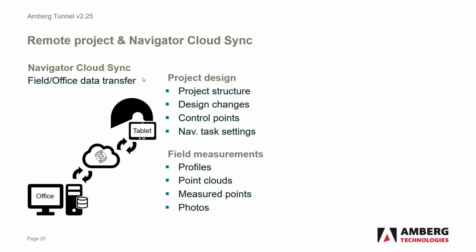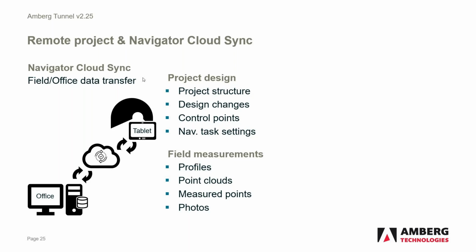And then, of course, at the same time, any field data, field measurements are synchronized back to Amberg Tunnel and get imported into the correct structure, into the correct sites, tubes, shafts, headings, and so on. So that's as-built profiles, point clouds, of course, measured points or just stakeout points that you save, individual points, and photos as well.